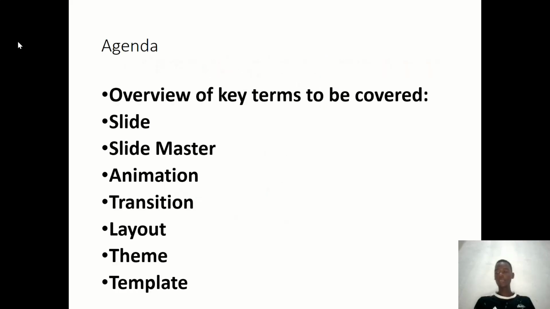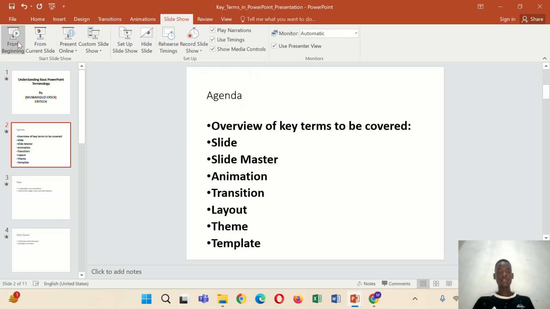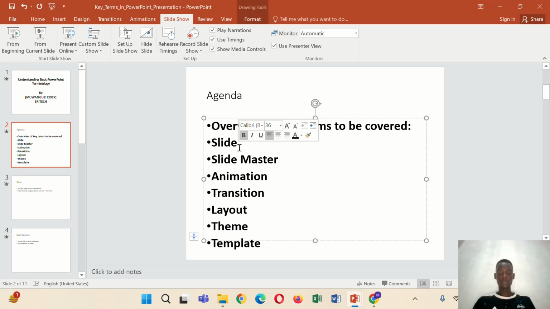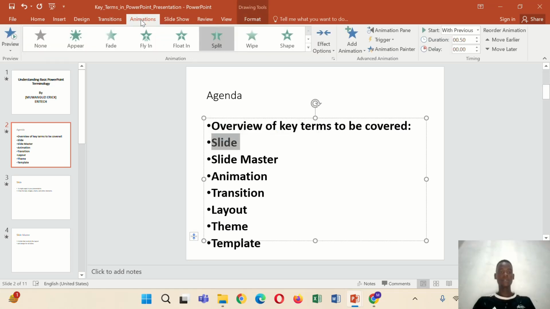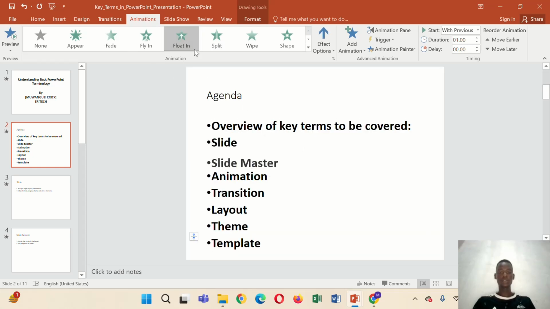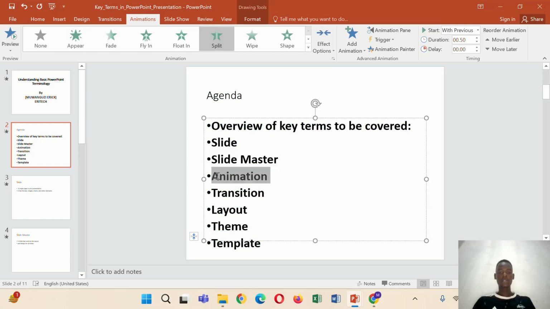This one I can create for individual bullets. For example, let me use this one. This one I want to fly in. I want this one to float in. I want this one to swipe.